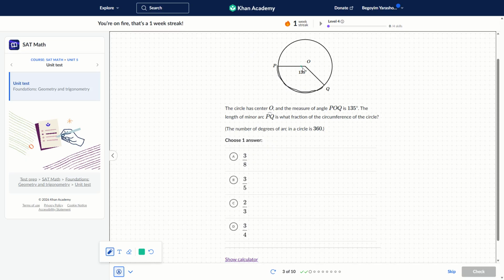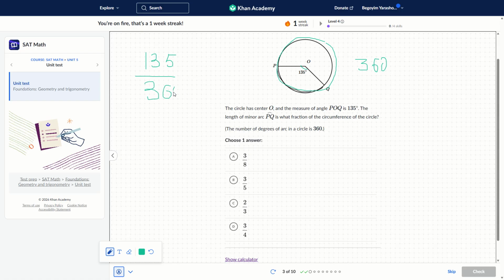Only this angle is 135. They are asking for a fraction of the whole circle. The whole circle is 360.